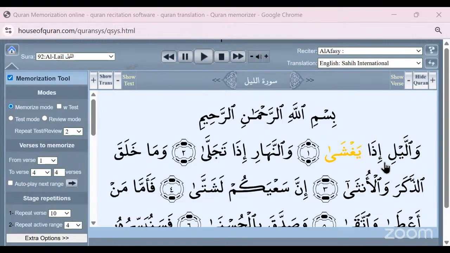Okay, so can somebody help us read this first ayah? Sim, can you help us read the first ayah? Bismillahirrahmanirrahim.